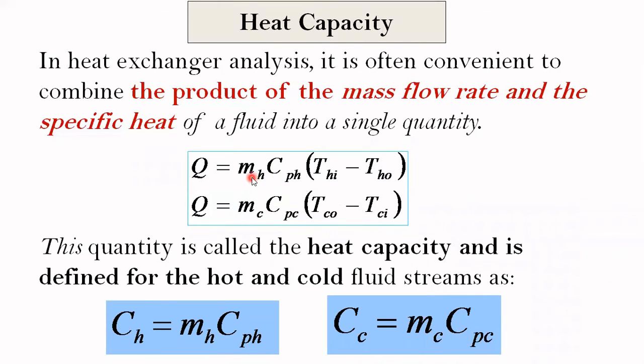This product of mass flow rate and specific heat is the heat capacity. We will use this in the analysis of heat exchanger by the effectiveness NTU method.